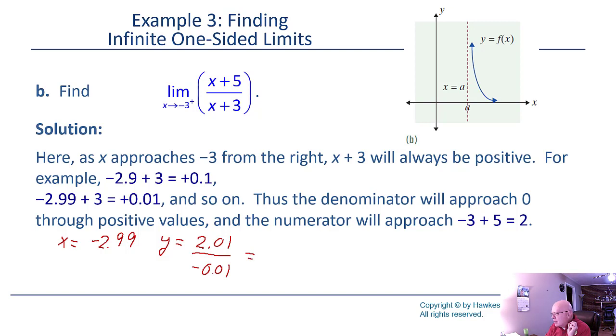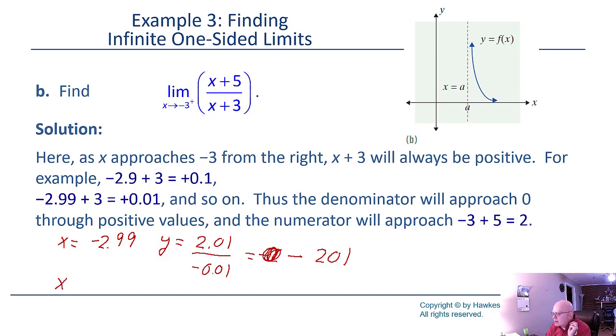And what happens to that? Positive divided by negative, you get a negative. And 2.01 divided by this makes it actually bigger, 201. You get a little bit closer.